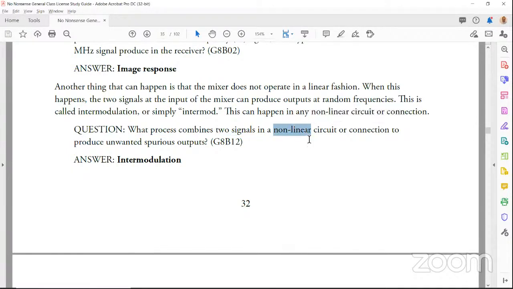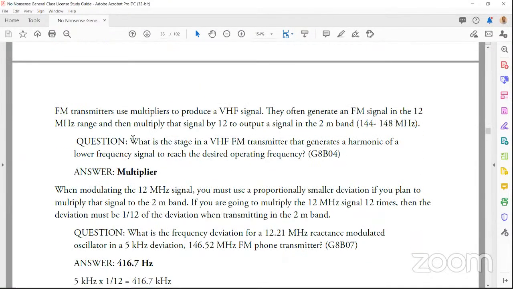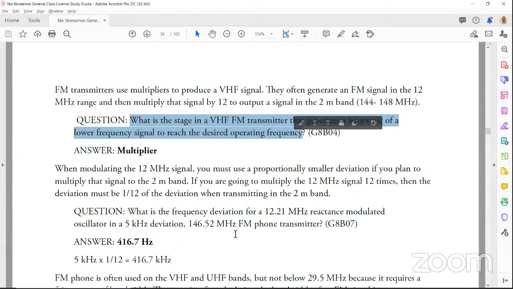And we learned that if we have a mixer that's non-linear, it will cause spurious outputs, and that process is called intermodulation. So once you hear non-linear, that should trigger you, okay, it's intermodulation that we are talking about. So that's the link.